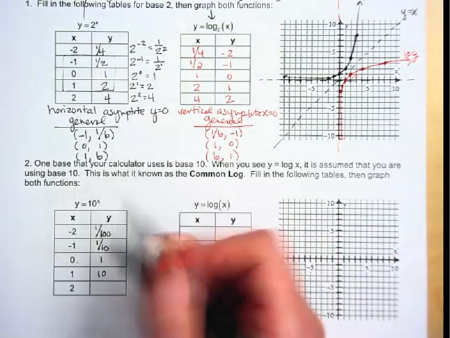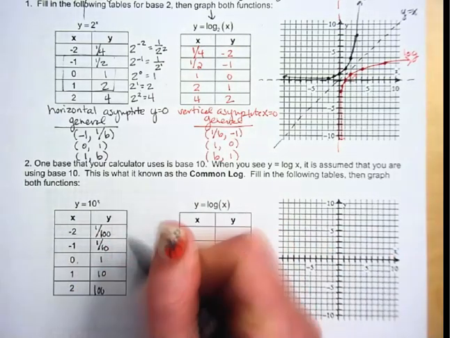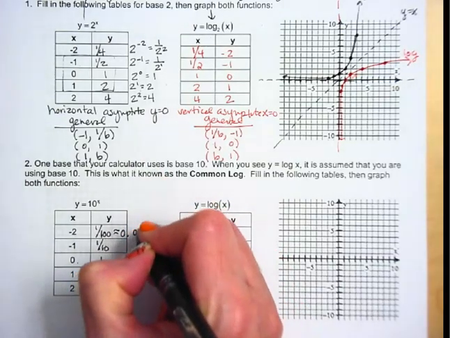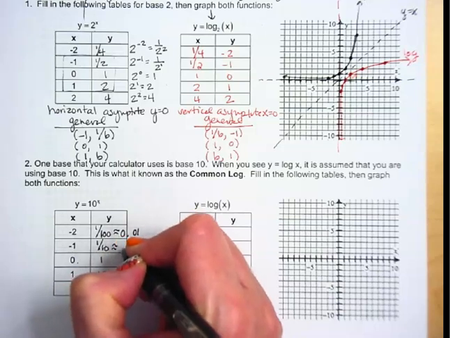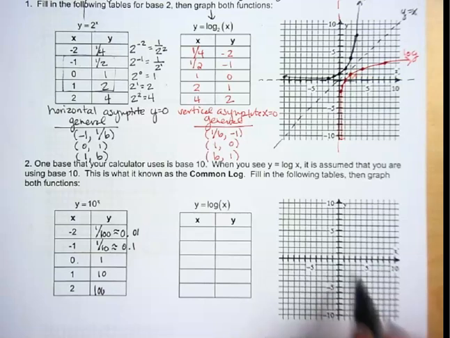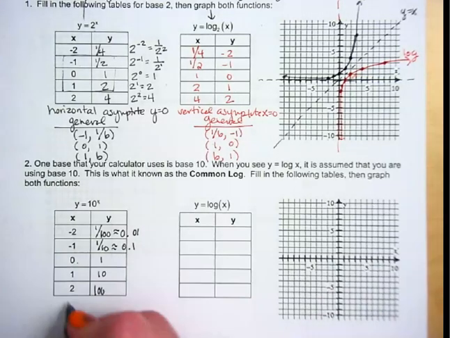Plugging in 2 for x gives me 10 squared, or 100. So 1 over 100 is approximately 0.01, and 1 over 10 is about 0.1. That's going to be really hard to graph on here, but we're going to try. And then don't forget that exponentials have a horizontal asymptote of y equals 0.